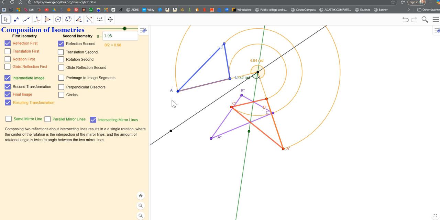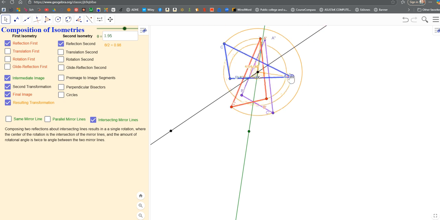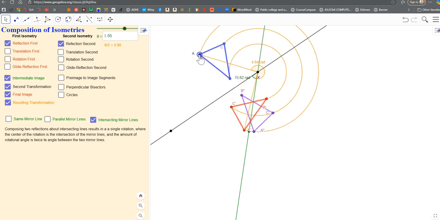But it could have just as easily been rotated in the positive direction, the way the vectors are, the way the arcs are showing up. If you think of this rotating, I've got the angle here in the smaller way, 0.82. If you rotated from here to here in the positive direction, it would end up being twice that.